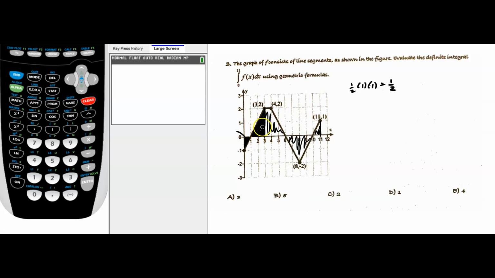And so you can see that this triangle would have a base of 2 and a height of 2. So half of 2 times 2, that's going to give us another 2. And then this one right here, if I just take a look at this rectangle, base is 1, height is 2, so this rectangle in here ends up being just 1 times 2.